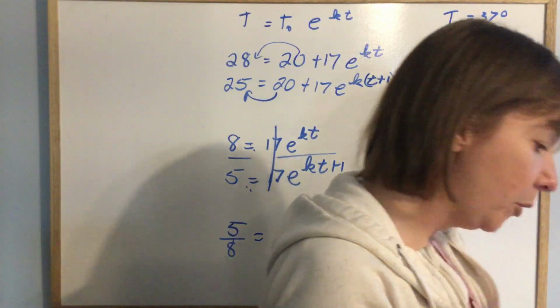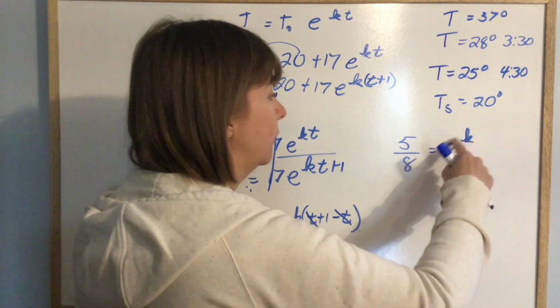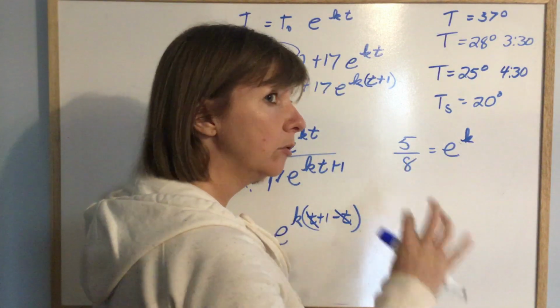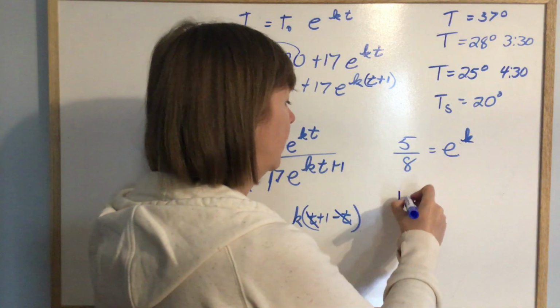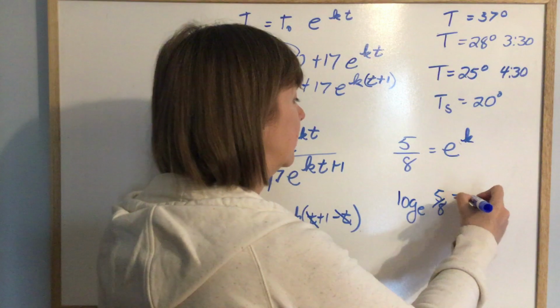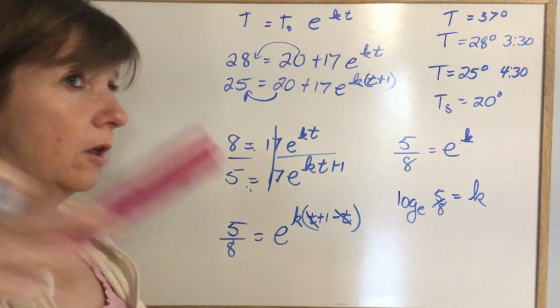Then what they do, remember we're trying to figure out what k is. So if we're trying to figure out what k is, we can change this into logarithmic form. So log base e of 5 over 8 is k. Now remember, log base e is just ln.